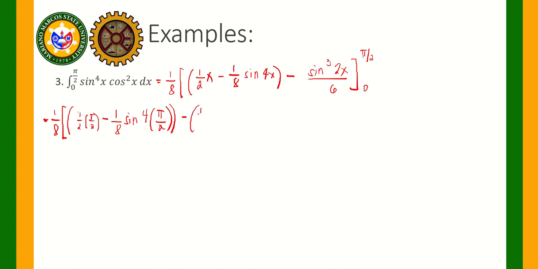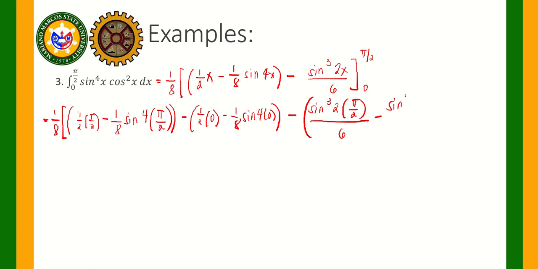Minus, si lower limit, 1 half times 0 minus 1 over 8 sine 4 times 0. Minus, gawin naman natin si upper limit and lower limit dito. So, this will be equal to sine cube 2 times pi over 2 all over 6. Okay? Minus sine cube 2 times 0 all over 6.